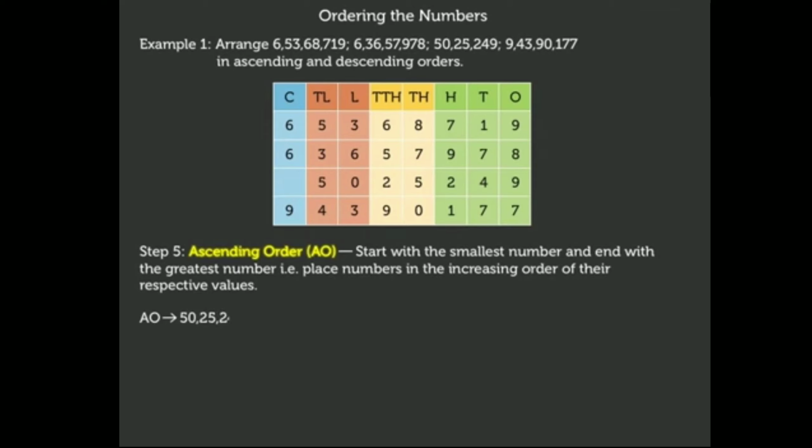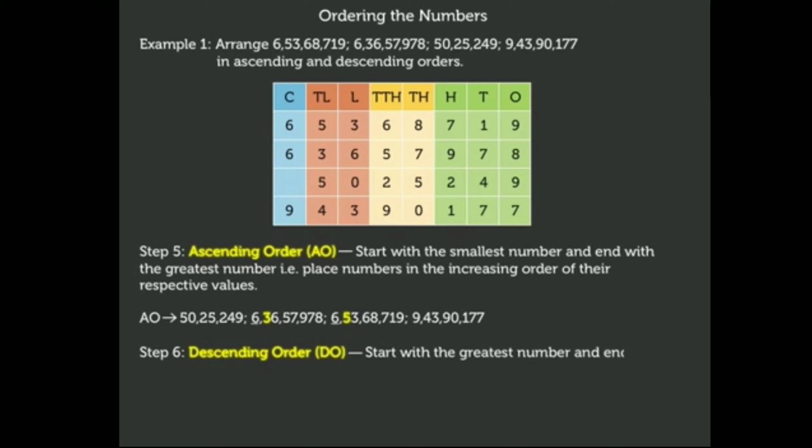The ascending order is 50 lakh 25,249, 6 crores 36 lakh 57,978, 6 crore 53 lakh 68,719, 9 crore 43 lakh 90,177.